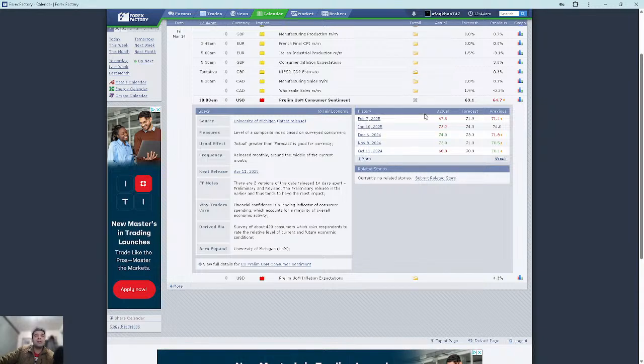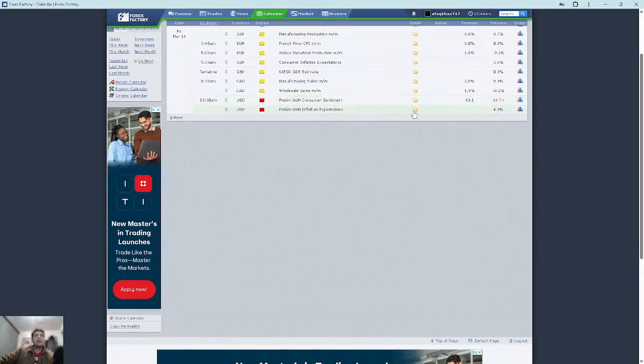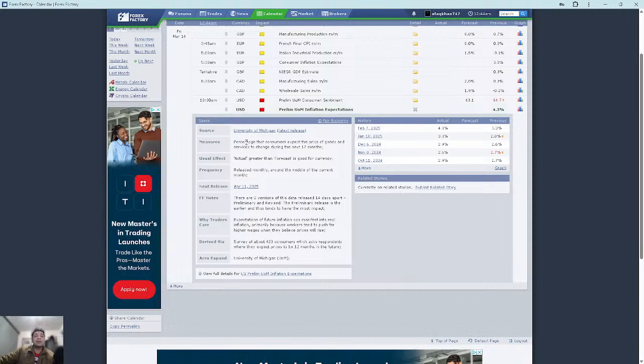We can see that the survey is about 420 consumers, who are asked to rate the relative level of future economic activities. And similarly, we have inflation expectation as well, the percentage of consumers who expect the prices of goods and services to change during the next 12 months, and there are two versions.